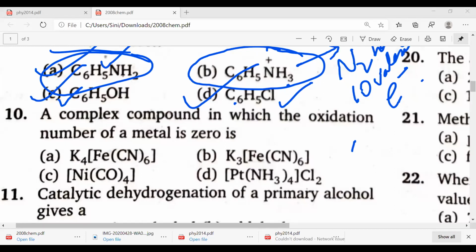Yes, correct. So what is the thing? For the carbonyl group, what is the oxidation state of oxygen? 0.